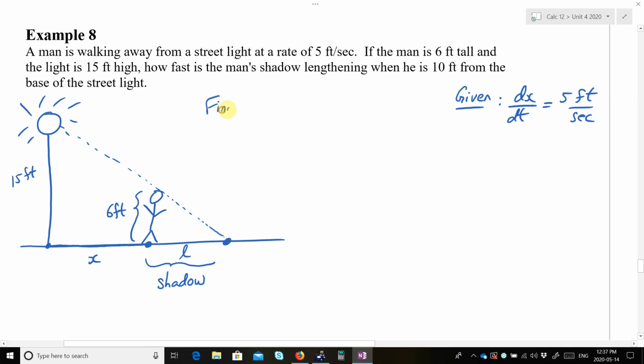So it wants us to find the change in shadow length with respect to time, when he is 10 feet from the base of the street light, so when x is equal to 10 feet.